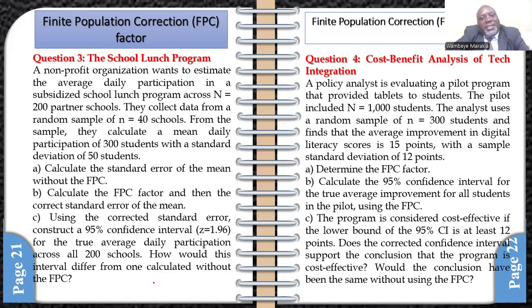The program is considered cost-effective if the lower bound of the 95% confidence interval is at least 12 points. Does the corrected confidence interval support the conclusion that the program is cost-effective? Will the conclusion have been the same without using the FPC?